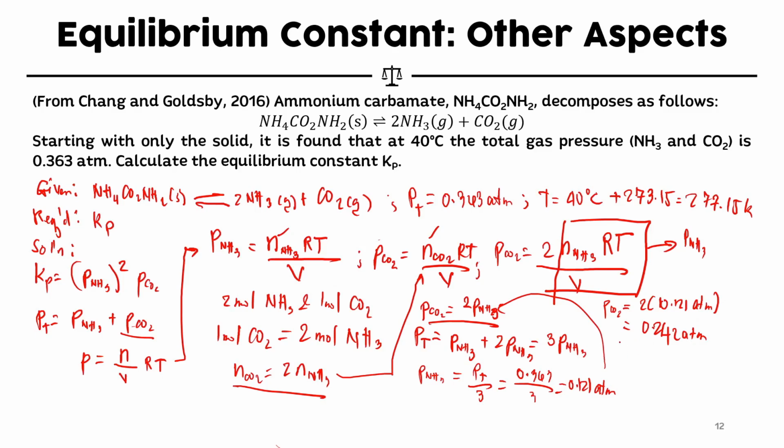So Kp is equal to 0.121 squared multiplied by 0.242. And that is equal to, rounded off to four significant figures, 3.543 times 10 to the negative 3. So that is our Kp.